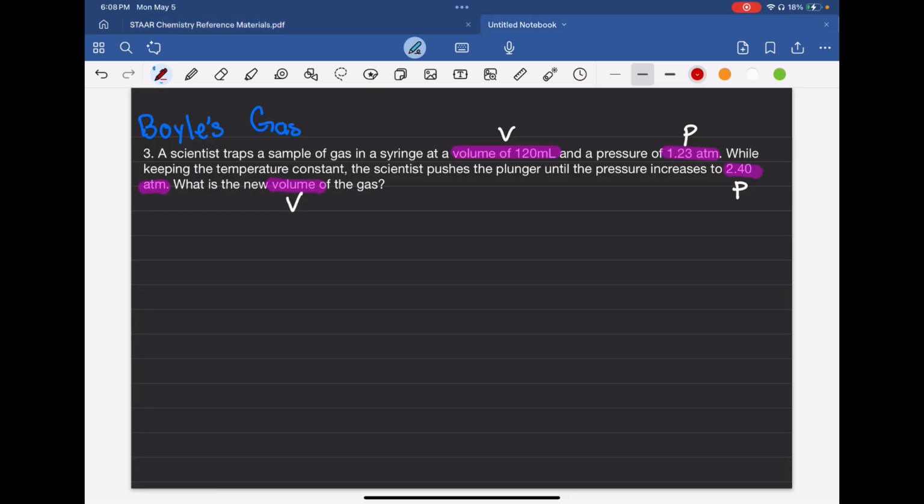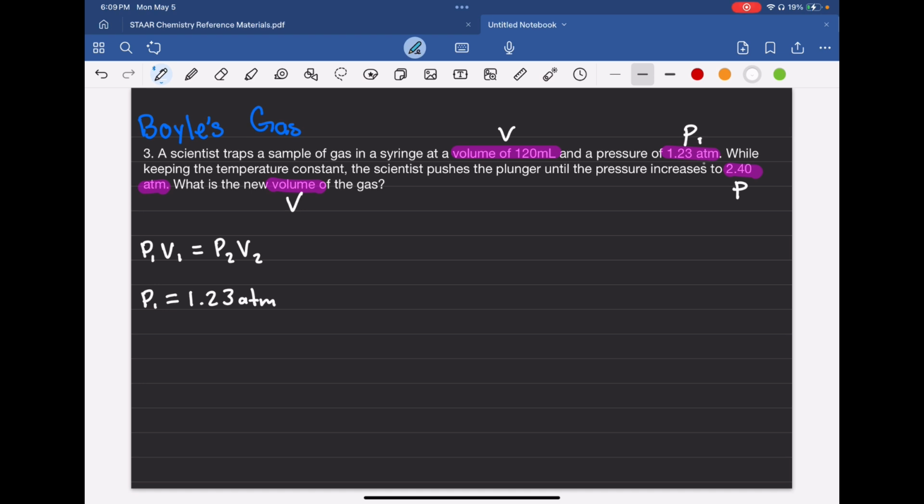We're going to be using pressure 1 times volume 1 equals pressure 2 times volume 2. So let's write down our variables. Pressure 1 will be 1.23 atm.